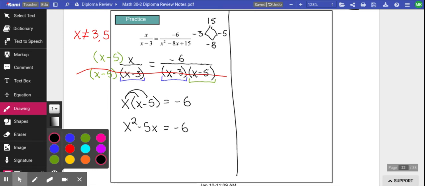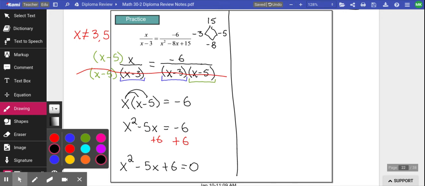Now that I got a common denominator, cancel out my common denominator, and expanded, I can check the type of question I have. This is a quadratic question because the highest exponent is 2. That means I must be equal to 0. Right now I'm equal to negative 6. So I need to move that negative 6 over by adding 6, which gives me x squared minus 5x plus 6 equals 0.